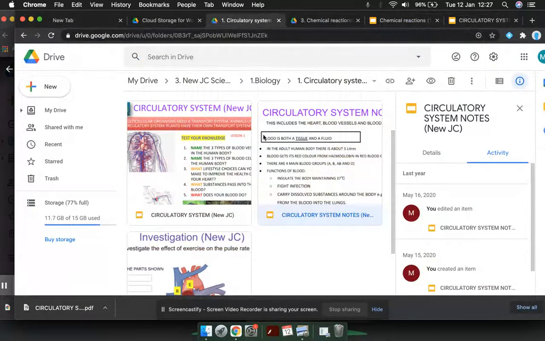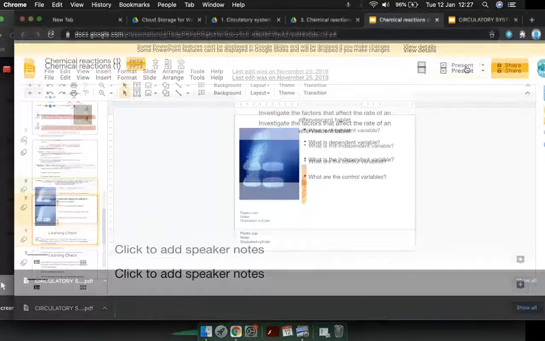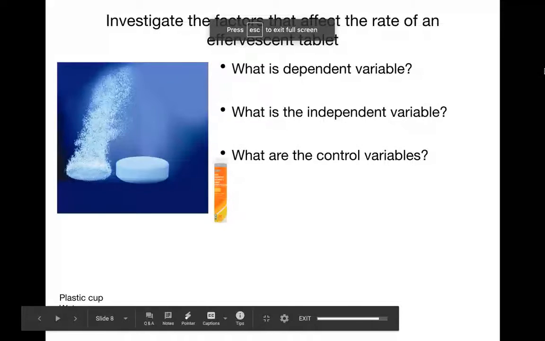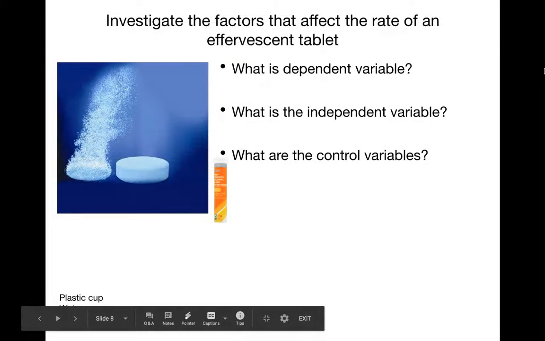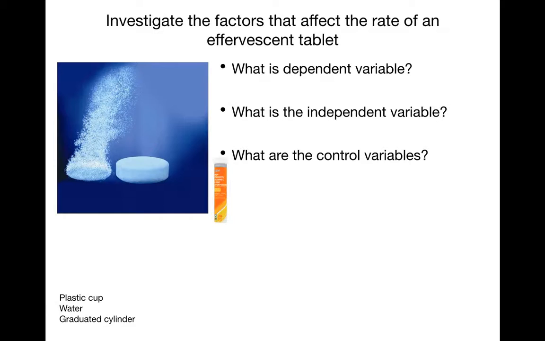So your job here is to look at chemical reactions and to investigate this for yourself. What you're going to be doing for me is investigating any chemical reaction. I want you to pick out what we call a dependent variable. So what factor in this experiment are you going to be looking at? In this case, what I was looking at was, had the tablet fully dissolved in the liquid.